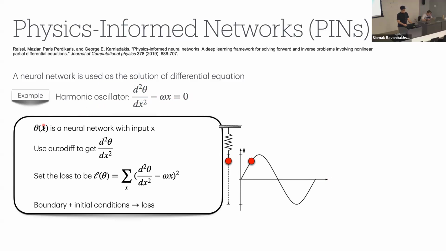So what you do is use this neural network theta of x to represent the solution. You can use automatic differentiation to get the derivatives that appear in the differential equation and set your loss function to be the differential equation, meaning that the loss is going to be positive if your network does not satisfy the equation, and the loss will be zero if the equation is satisfied.